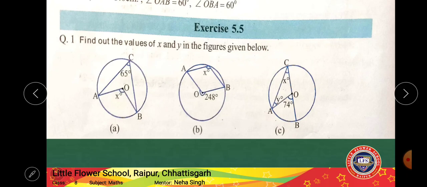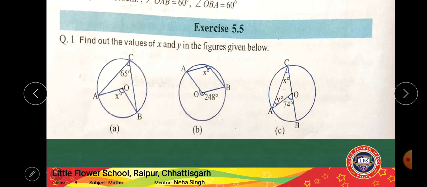Diagrams are given. In this you need to find the value of angles x and y, whichever is given. Here this angle we know is 65 degrees, it is given. We need to find the angle x.